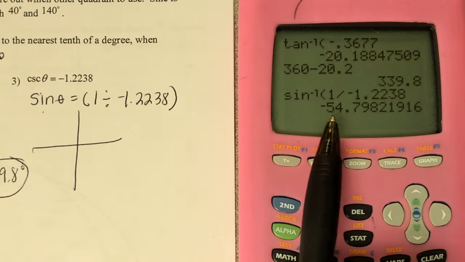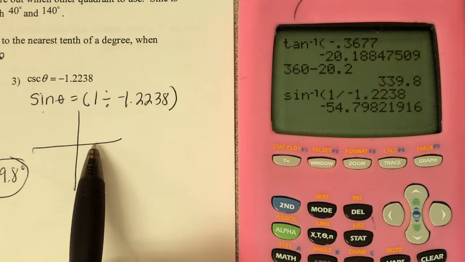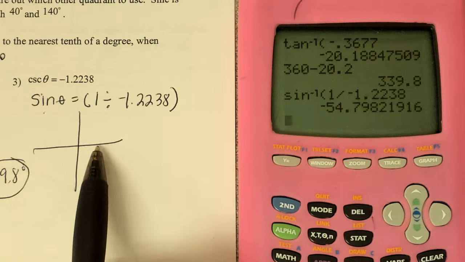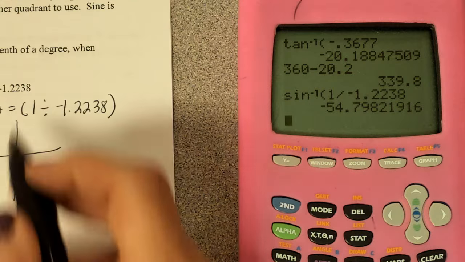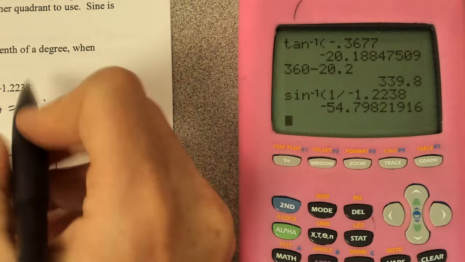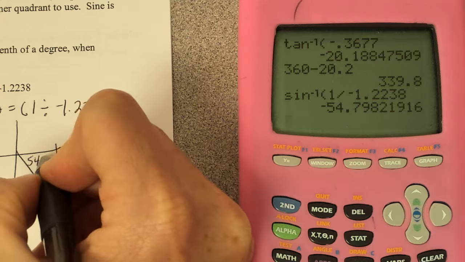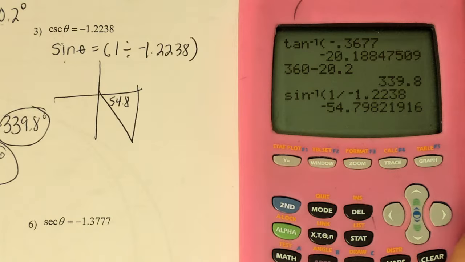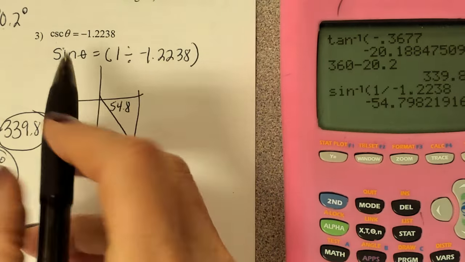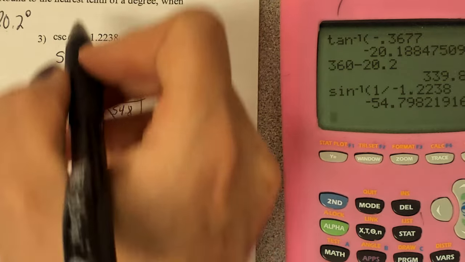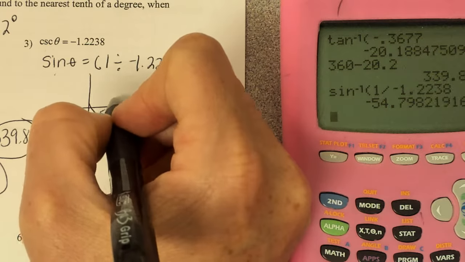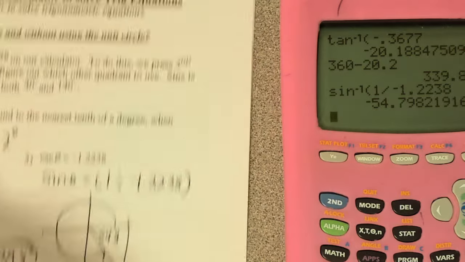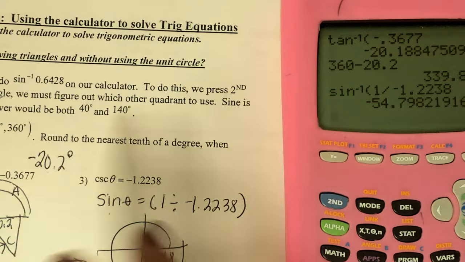Once again, it's telling me the answer when I start here and I go in this direction instead of that direction. So it's telling me that this is negative 54.8. But that answer, that negative 54.8, that's not really the correct name. I want this name for it because our answer has to be between 0 and 360.